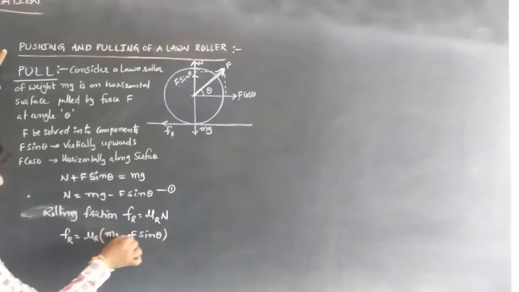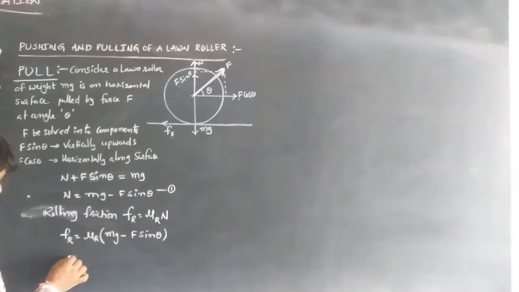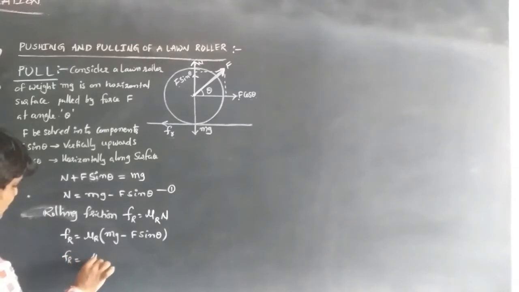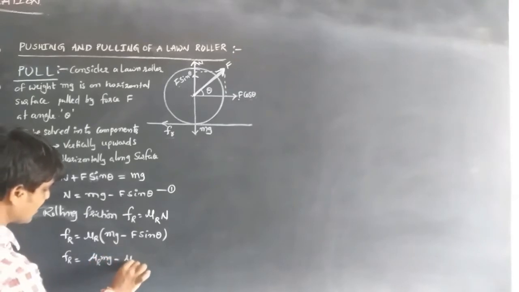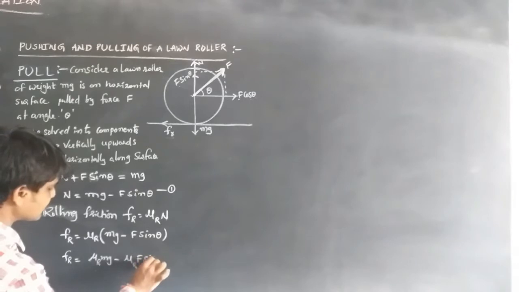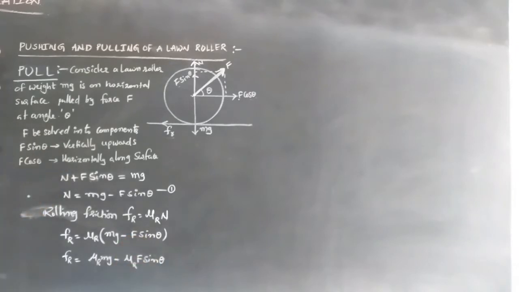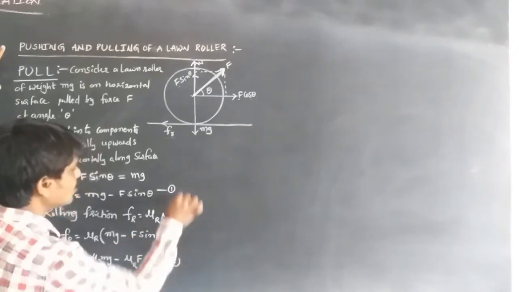Multiplying inside, Fr is equal to mu r mg minus mu r F sin theta. Consider this equation number 2.